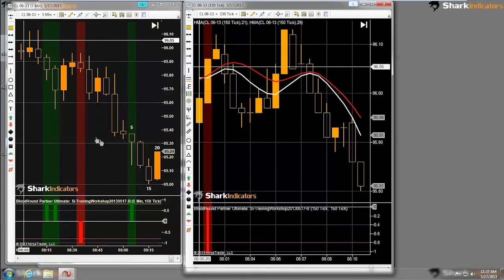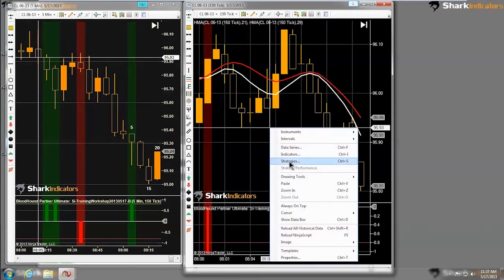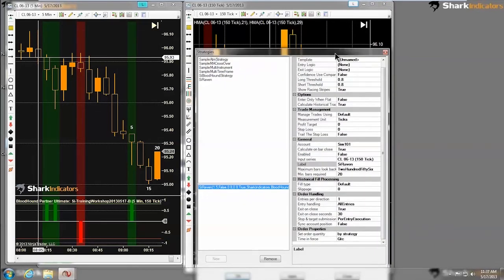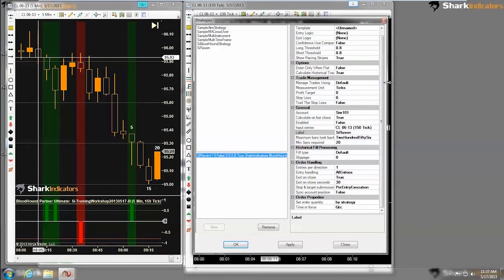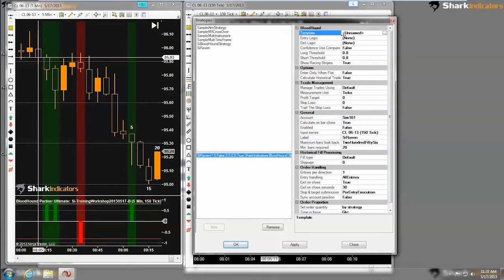So let me pull up Raven here and clear my throat at the same time. For those of you who aren't familiar with Raven yet, obviously you have to load a BloodHound template into Raven, and then you have the option of using an entry logic and an exit logic.